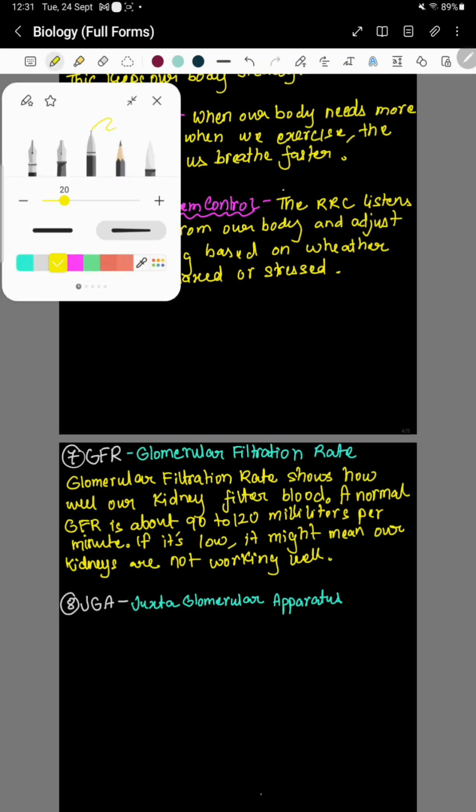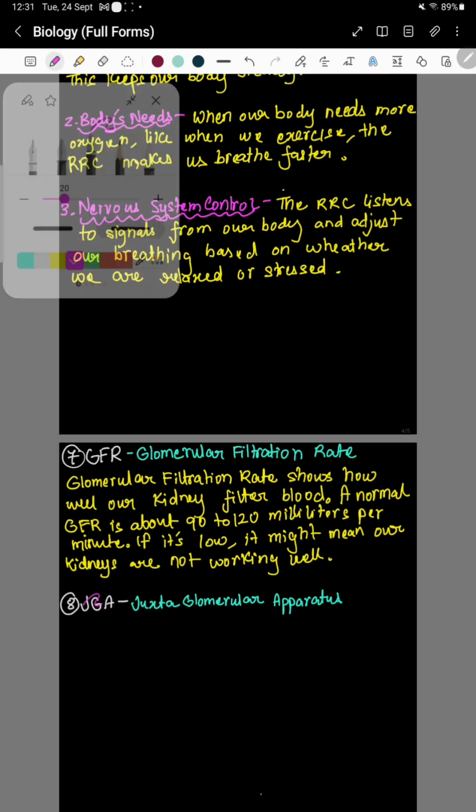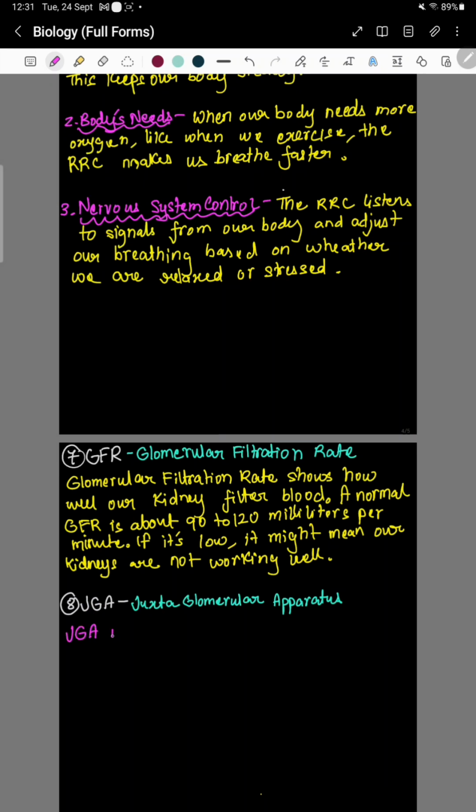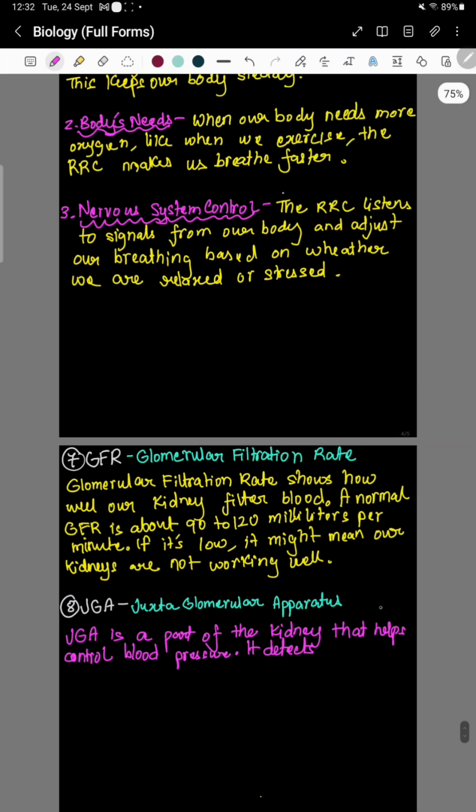JGA is a part of the kidney that helps control blood pressure. It detects blood pressure changes.